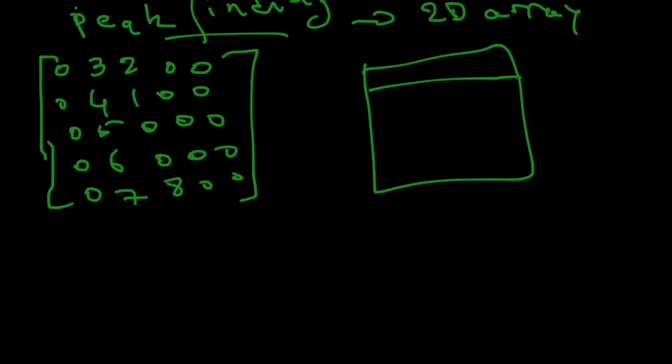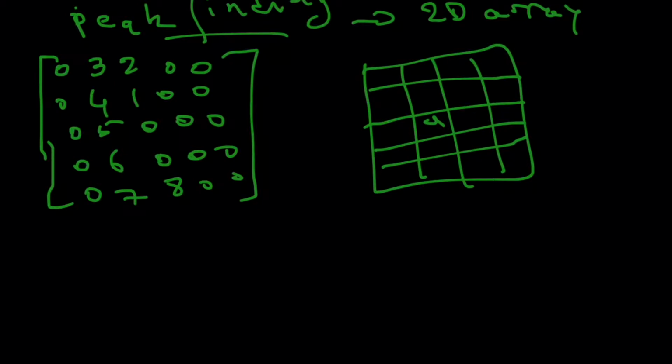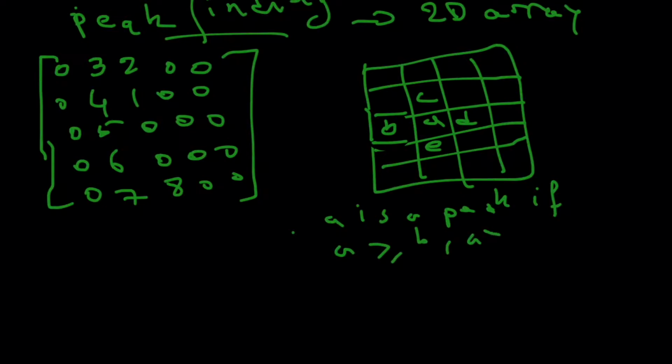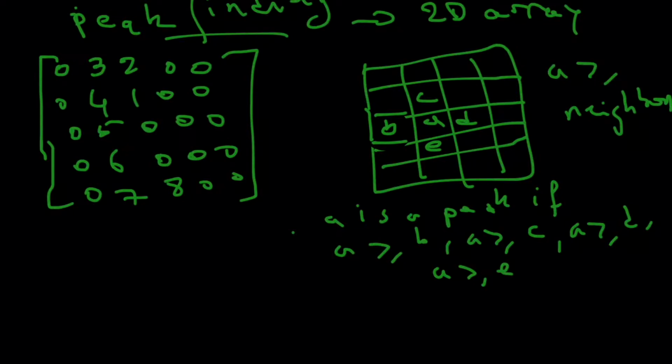So if we have this matrix here with, say, a couple of rows and columns, and we have this A, and we have above it C, and let's say we have here B, we have D, and we have E. So A is a peak if and only if A is bigger than B and A is bigger than C, A is bigger than D, and A is bigger than E. So basically only if A is bigger than all of its neighbors, or direct neighbors, let's say. Okay, so this is how it looks.